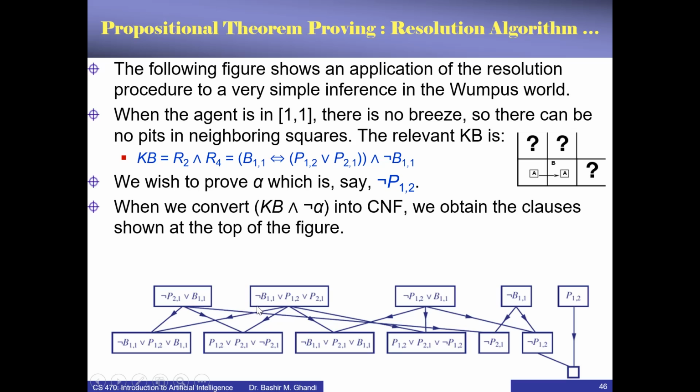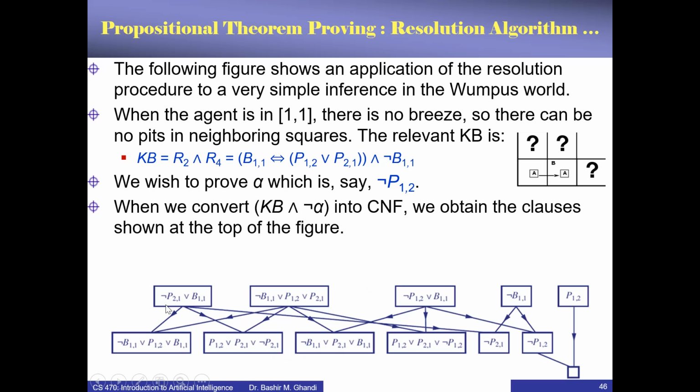So what we will be doing is applying the resolution procedure to resolve any literals that are opposites, one of them is true, one of them is false. We resolve it by adding the resulting clause to the set.